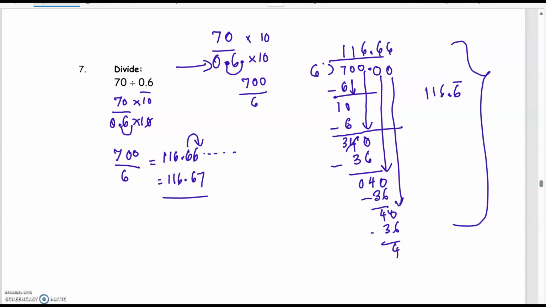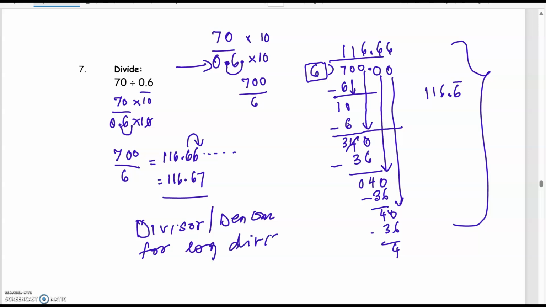Why did we do all this? Because the divisor cannot be 0.6. It would have to be a whole number. So remember this. Divisor, which is the same as denominator, for long division has to be a whole number.